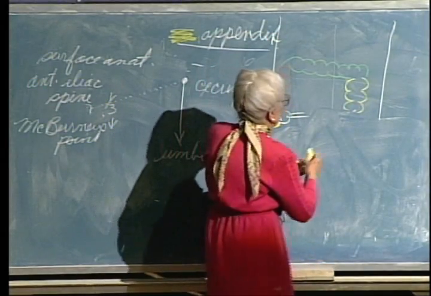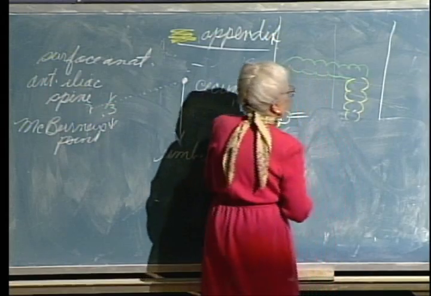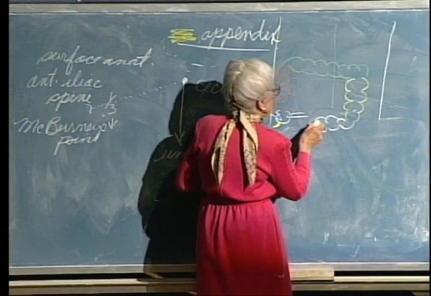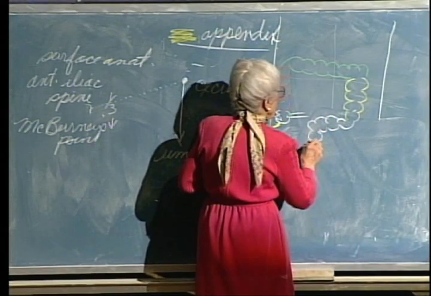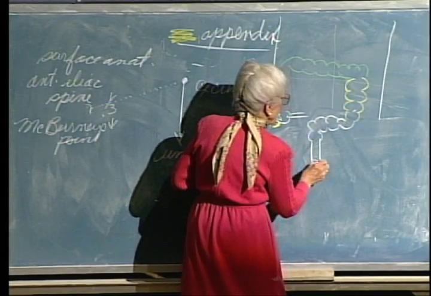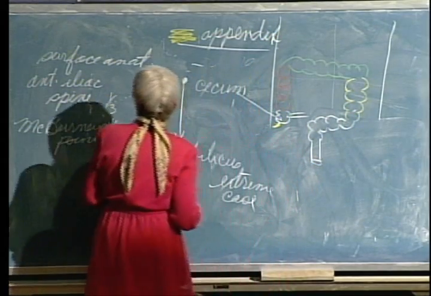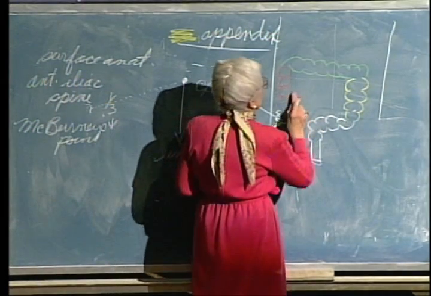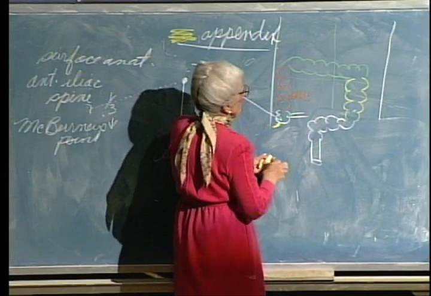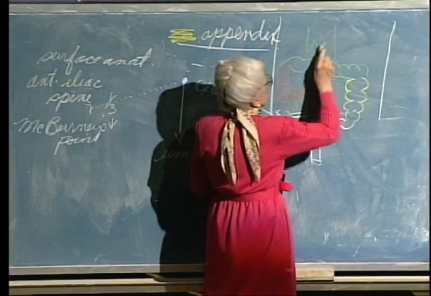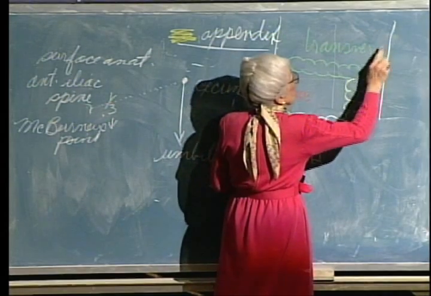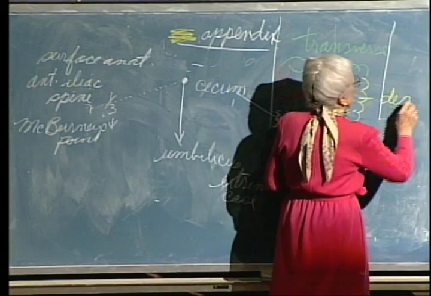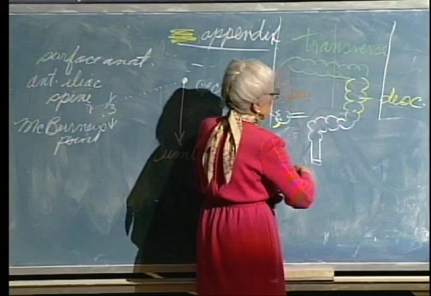And when it gets down to about the crest of the ileum, it will turn over and become sigmoid. To the midline, it's got to reach the midline, and then go into the rectum and into the anus. So we have ascending, transverse, descending, and sigmoid.